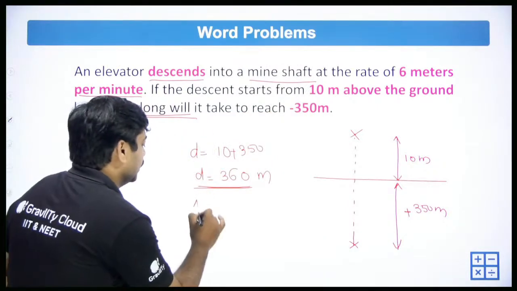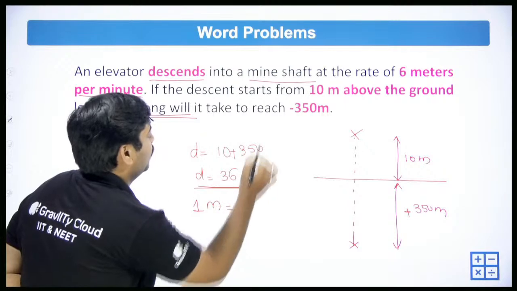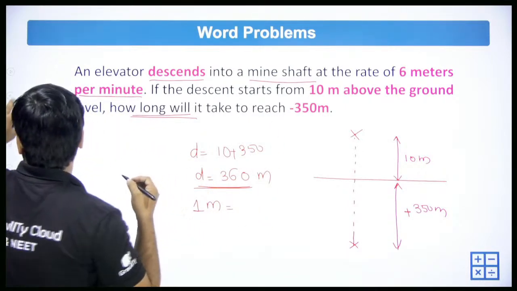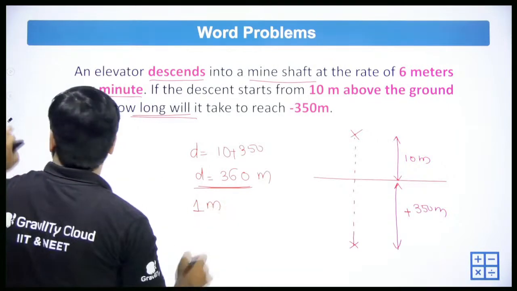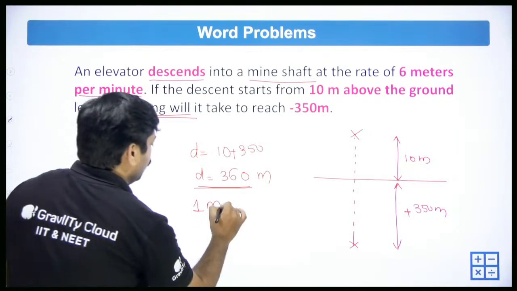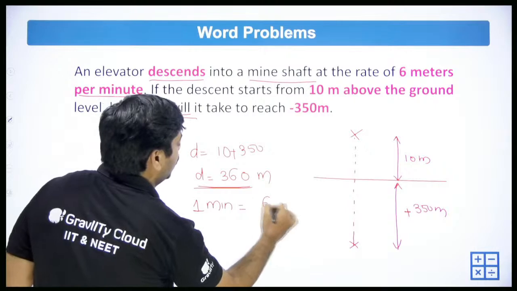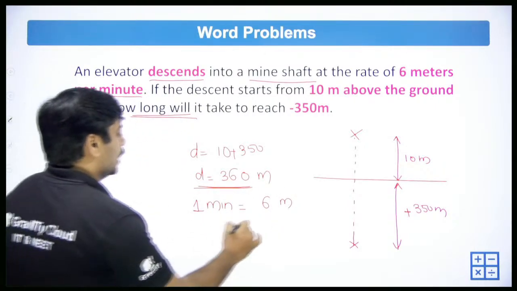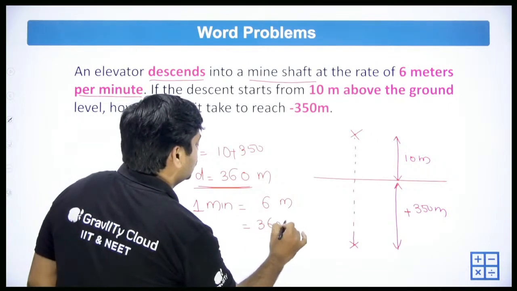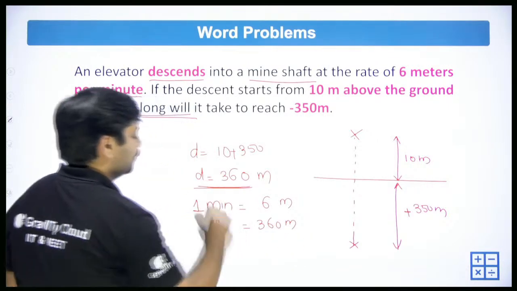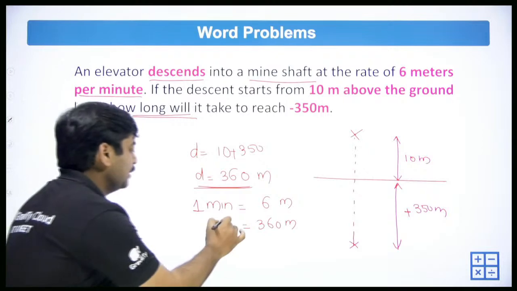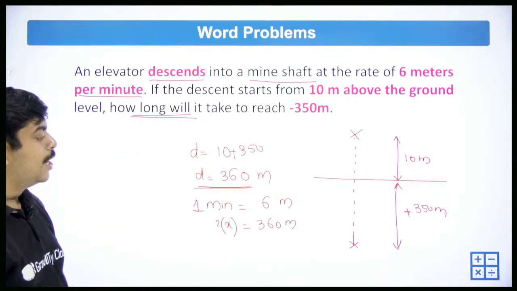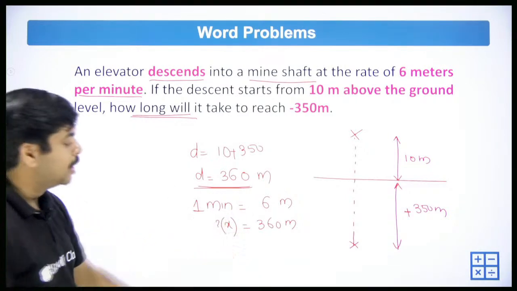If they are traveling 6 meters in 1 minute, for 1 minute let us say we are going at 6 meters. Then for 360 meters, how much time are we taking? Let me take this duration as x. So how to calculate this? You need to cross multiply.